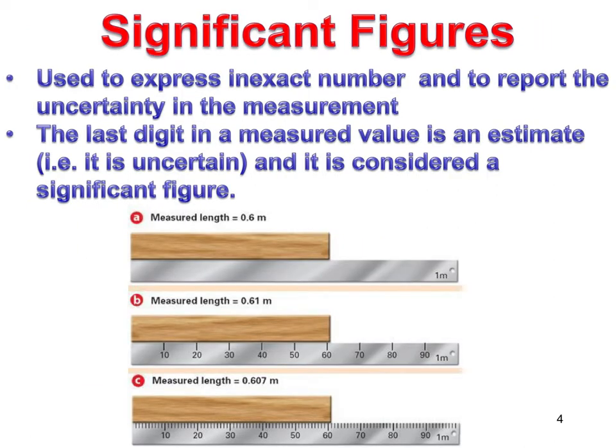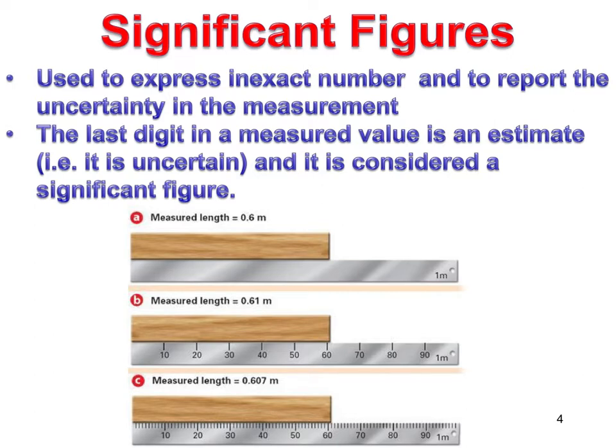Significant figures are used to express inexact numbers and to report the uncertainty in a measurement. The last digit in a measured value is an estimate. That is, it has a level of uncertainty and is considered a significant figure. In the three examples that we have below, there are three different measures of uncertainty.